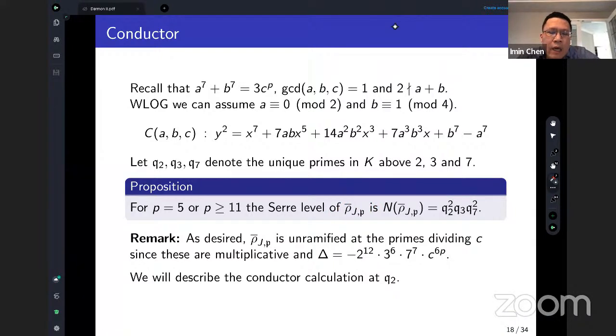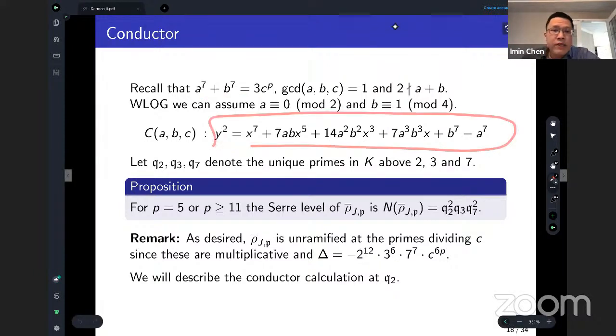I think Angelo probably gave some examples, but I'll do one example here just to give an idea in case you haven't seen his talk. So again, the Frey hyperelliptic curve for this equation is explicitly given like this.